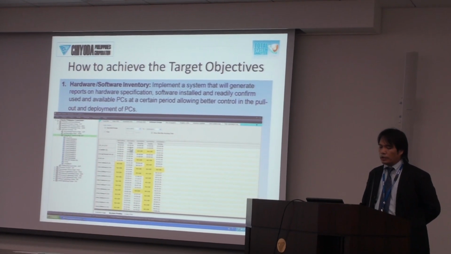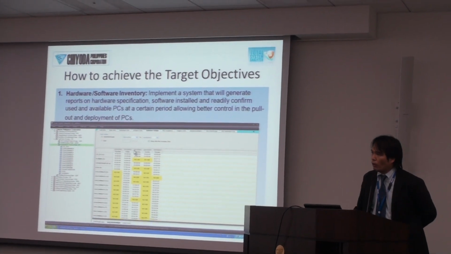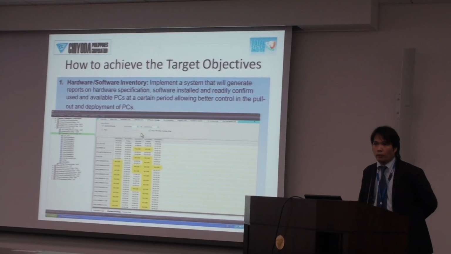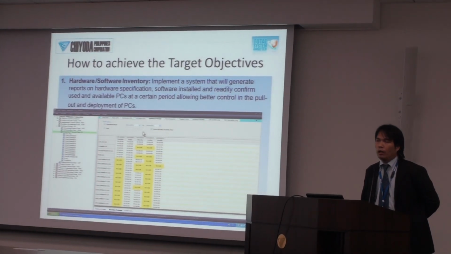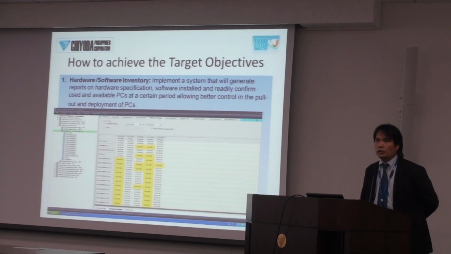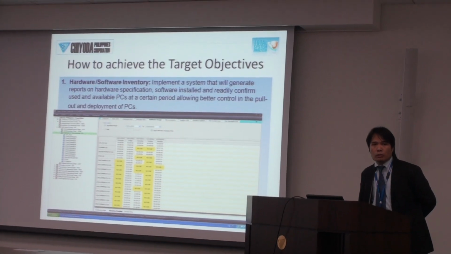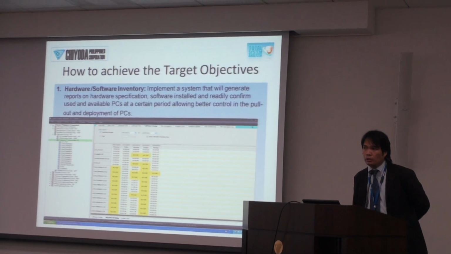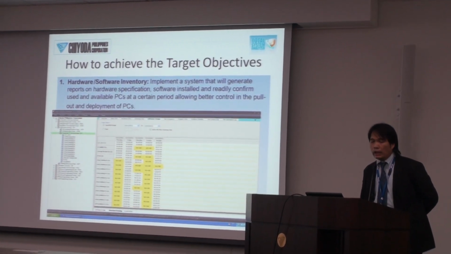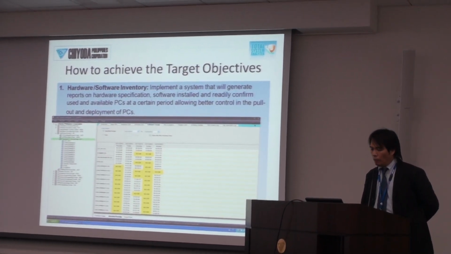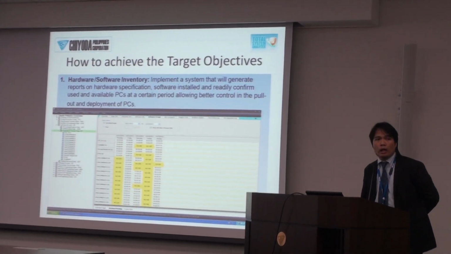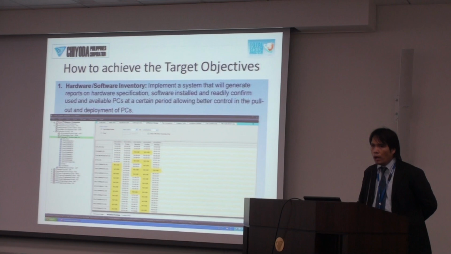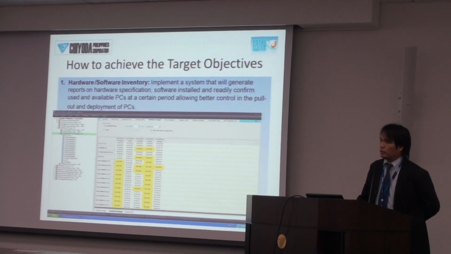So it is really a good help for corporate IT, in our case, as a reference for pulling out PCs. For example, if we notice that it's almost a month and this computer is not running and this PC is still on the operation, corporate IT will pull out those PCs and allocate them to another department. So that's one good source of information.